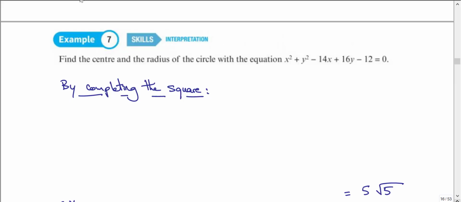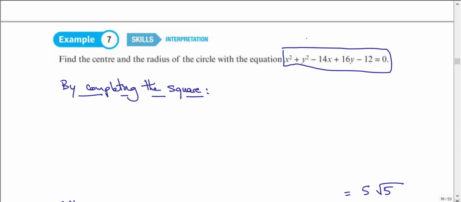Difficult or easy? Okay, now let's check this question. It says, find the center and the radius of the circle with this equation. Now I'm going to ask you a question. Is this the standard form of a circle equation? No. What's the standard form of the circle equation? Can you tell me? x squared plus y squared equals y squared?